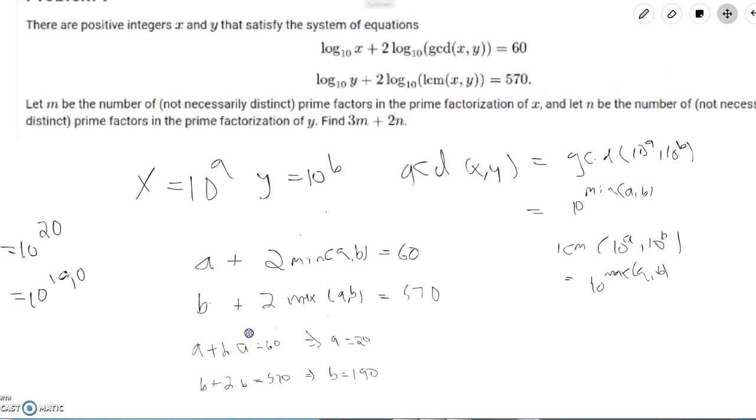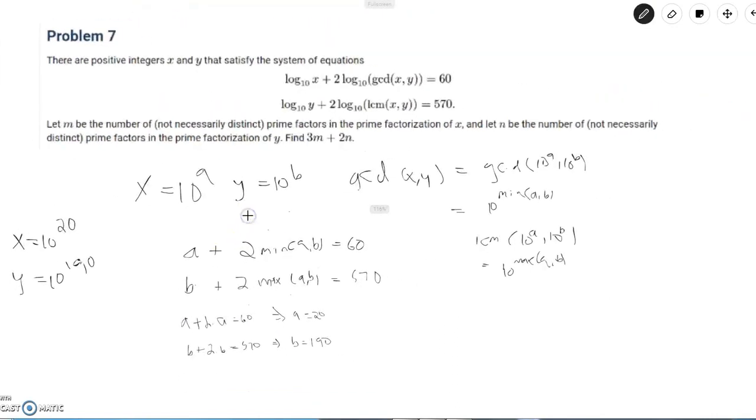Now it says let m be the number of not necessarily distinct prime factors in the prime factorization of x, and n be the number of not necessarily distinct prime factors in the prime factorization of y. So x is 10 to the 20, which is equal to 2 to the 20 times 5 to the 20.